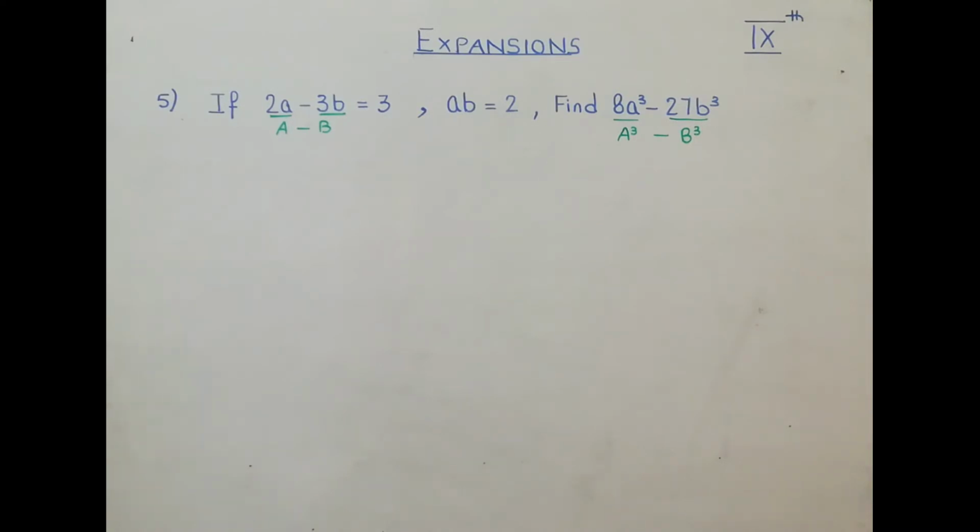Now whenever a cube is to be calculated or given, that means you have to apply the formula for whole cube. We have two formulas in cube. We have the formula for (A minus B) whole cube and we have the formula (A plus B) whole cube. As you can see, a difference is given and the difference of two cubes they have asked. So we are going to apply the formula (A minus B) whole cube.